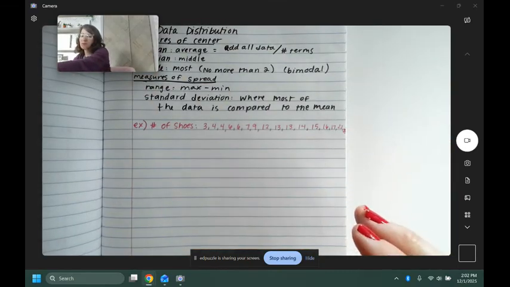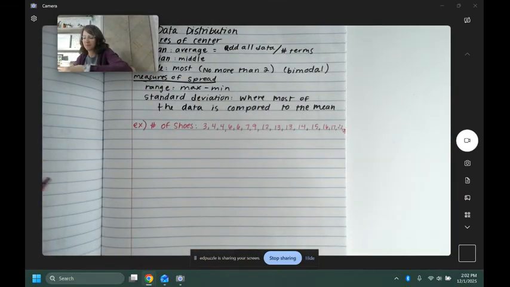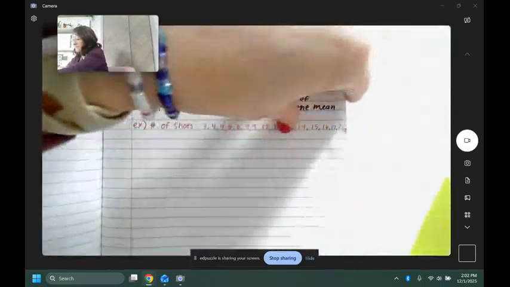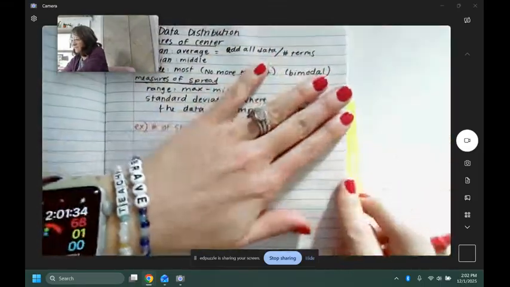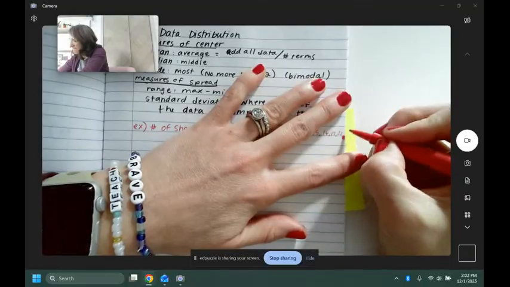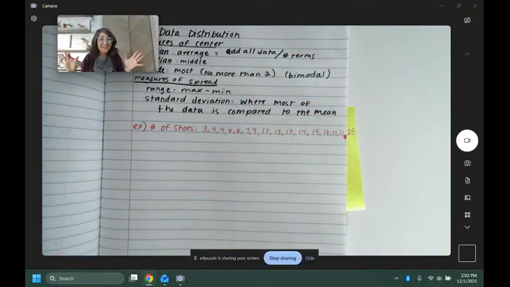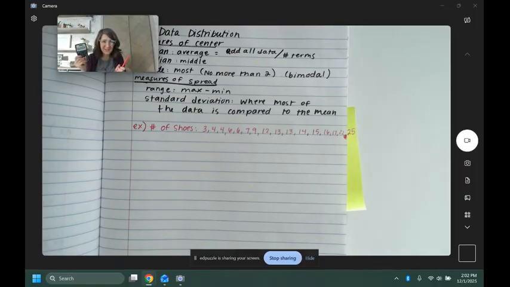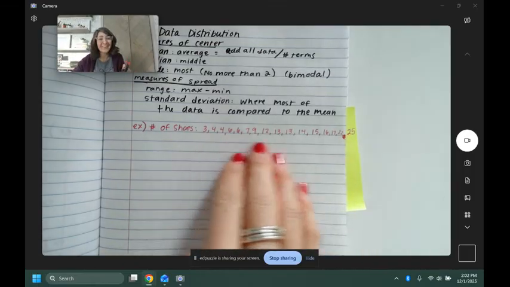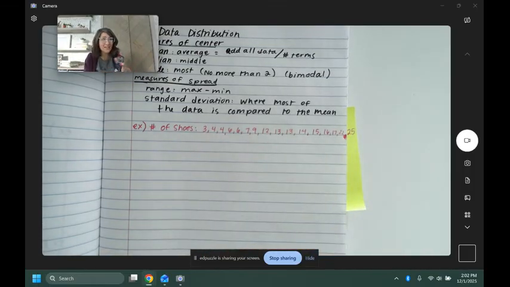I'm going to just, hold on. There we go. And 25. Okay, so there's my 16 data points. I've got 16 people who answered this survey. Now I couldn't figure out how to get this little calculator to do it. If you do have a graphing calculator, you can type this into a list and calculate the stats for it.